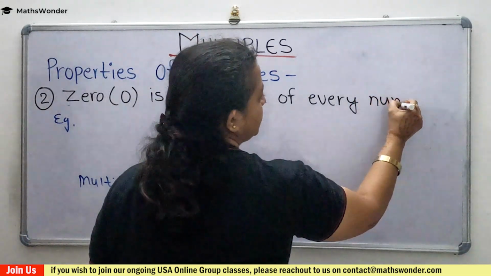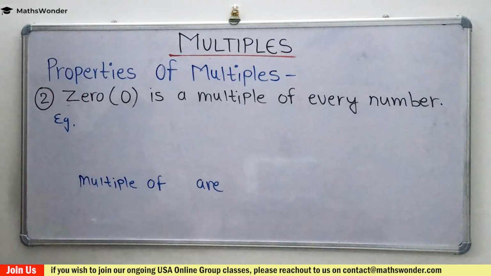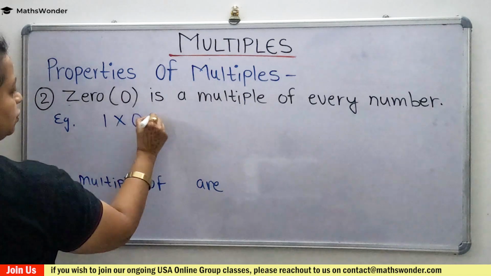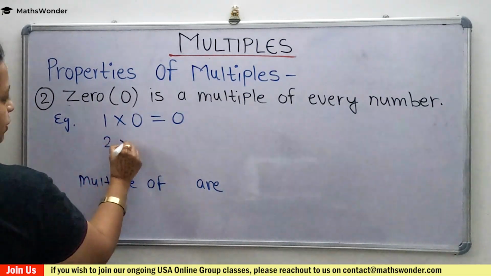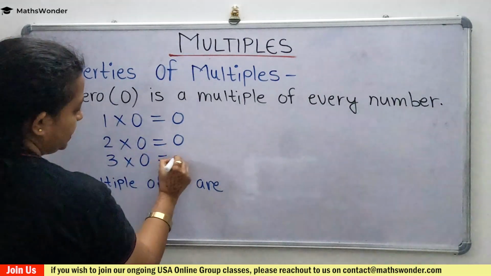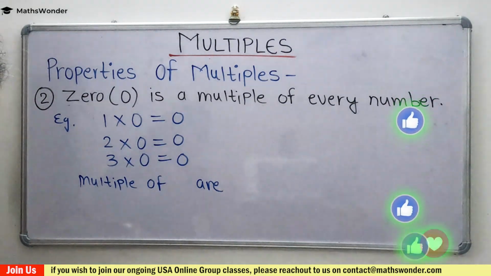That will be easy. For example, 1 times 0 is 0, right? 2 times 0 is 0. 3 times 0 is 0. That means 0 is a multiple of every number. Okay?